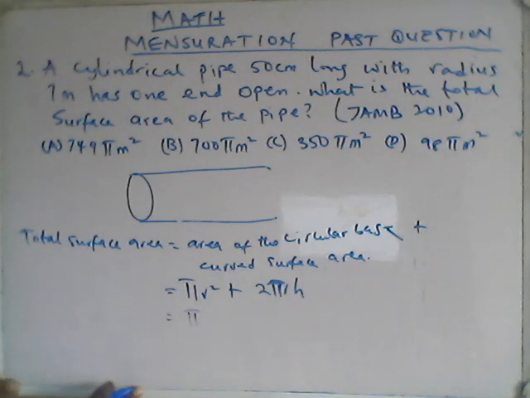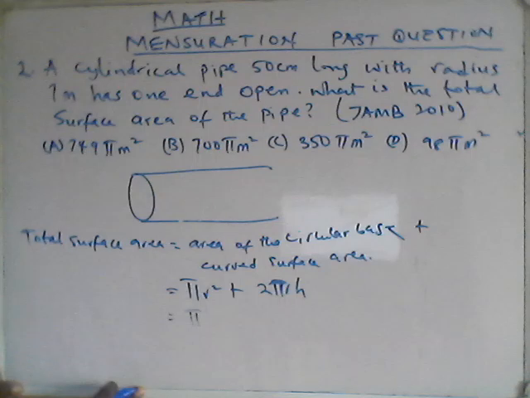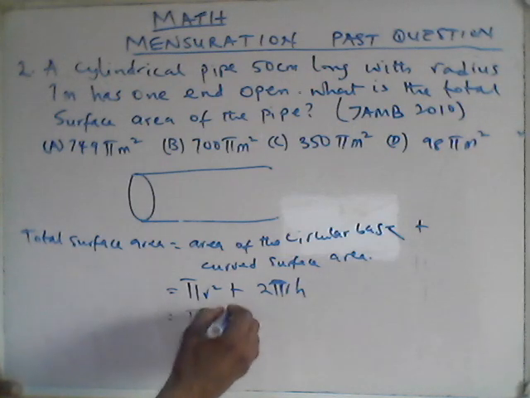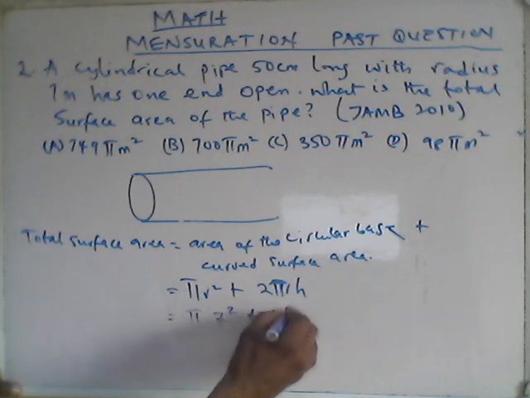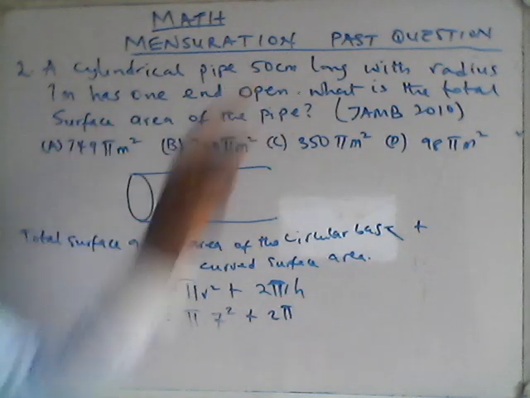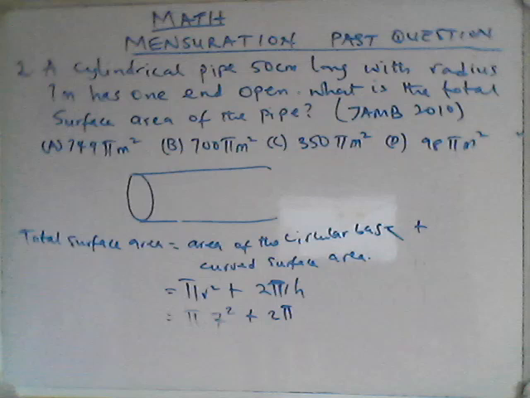So I'll say pi outside times the radius. What's the radius of the cylinder? The radius of the cylinder is 7 meter. Okay, so I'll put 7 square plus 2 pi. Then the other one, I will convert it to meter.